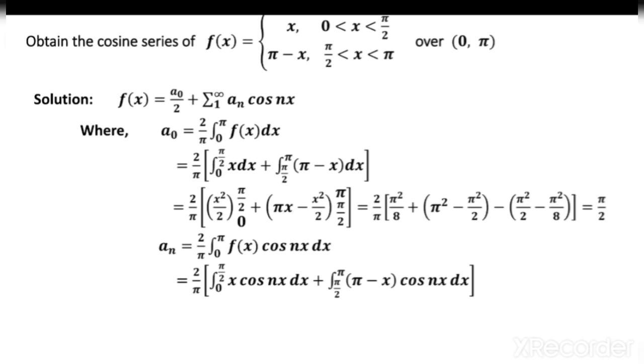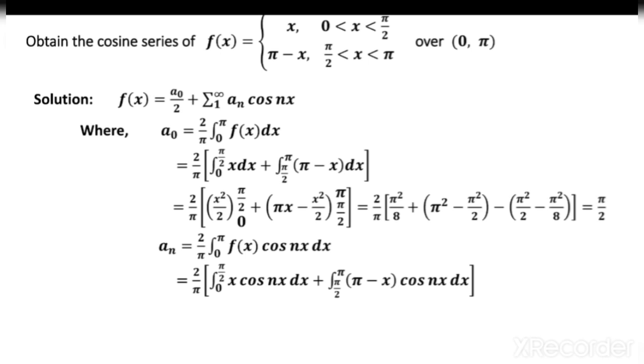F of x equal to a naught by 2 plus summation 1 to infinity an cos nx. When you have 0 to L, it was cos n pi x by L. Since we are replacing L by pi, you will be getting cos nx, which we have already discussed when I wrote the formula.